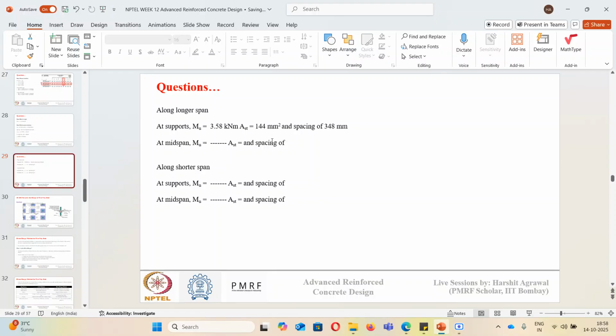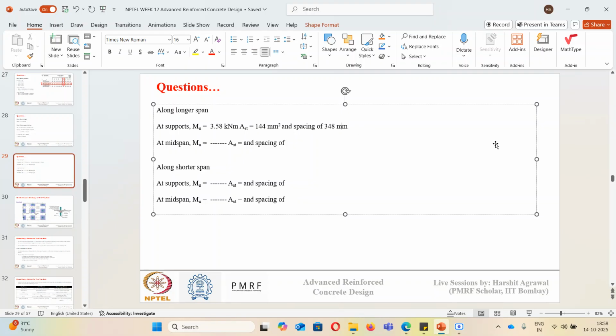So 50.24 divided by 144 into 1000, so it will give me a value of 349. Now the spacing is more than the maximum spacing limit that we have, 288, so we'll provide the minimum spacing in this case and minimum AST in this case.